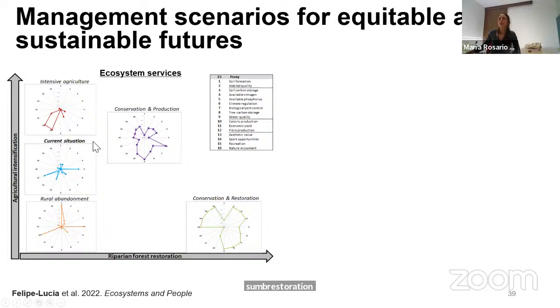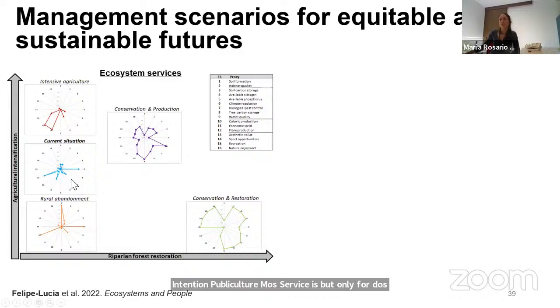And for each of these scenarios, we assess 16 different ecosystem services that are represented here in the different colors. So for example, in the conservation and restoration, we maximize a number of regulating services and cultural services, but we have no values for the provisioning services. That's of course the opposite in the intensive agriculture, where we have almost no values for most services, but only for those related to production.